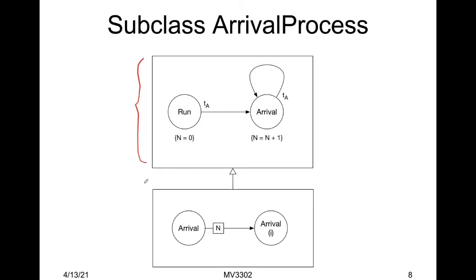On the other hand, if you're lazy like me and want to do it this way, and we've seen a couple of examples of this, where we've subclassed our arrival process, we've overridden the doArrival event, making sure to call the super, and then we just schedule our arrival with, in this case, the parameter n.